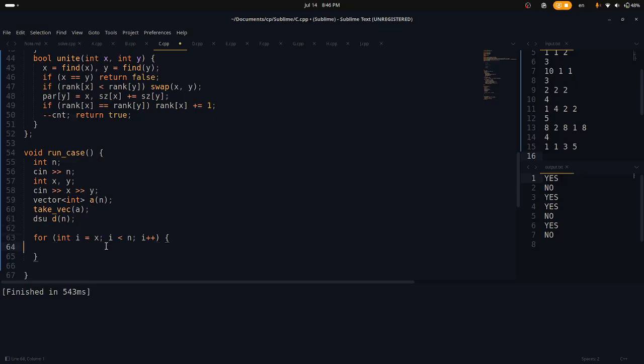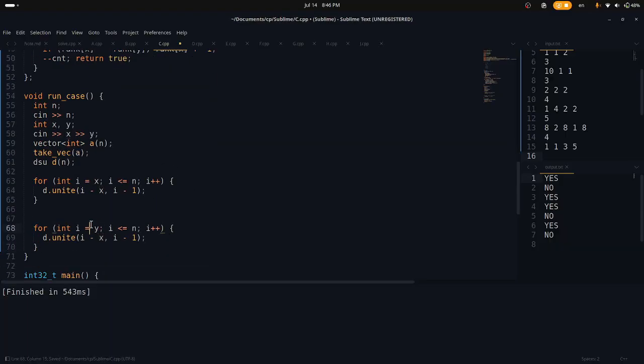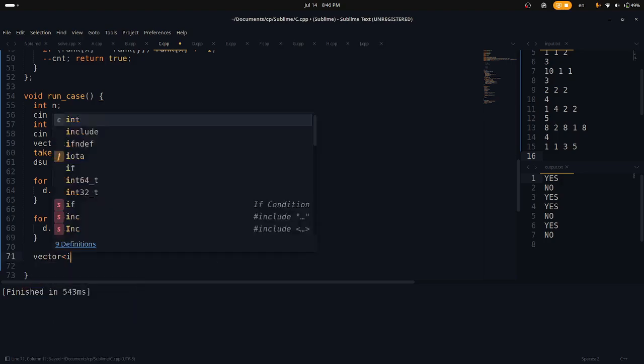So it's like we can start from x and go up to n, and then we can say that the DSU of i minus x is i, right? And at the same time we can do it for y, right? Yeah, so then we can find sets.